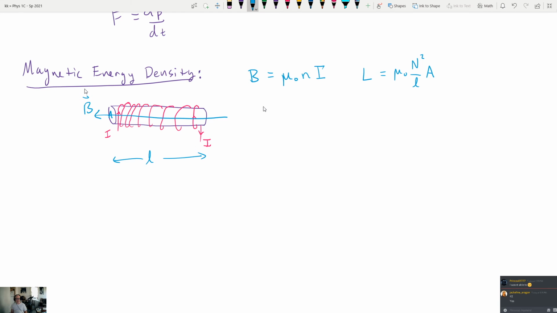So the way we're going to do this is to use the energy of an inductor, which is 1/2 times L times I squared. And we're basically going to use these three equations to come up with an expression for the energy per unit volume. So if we put them together, for L, we're going to replace it with this.